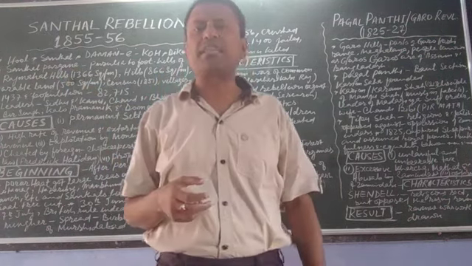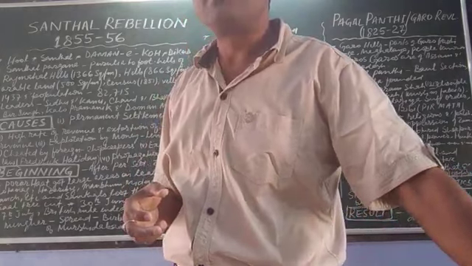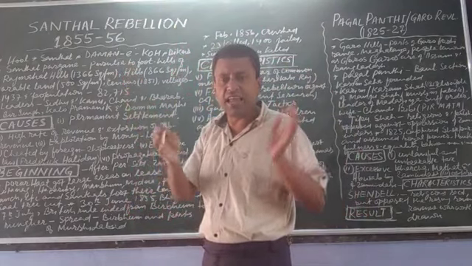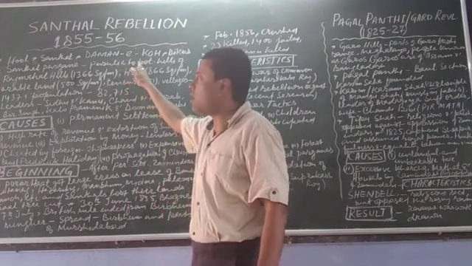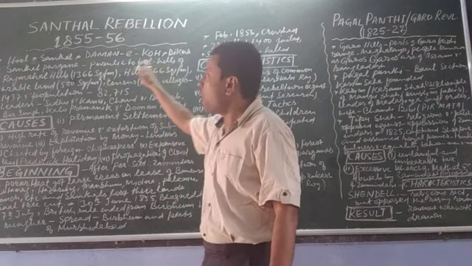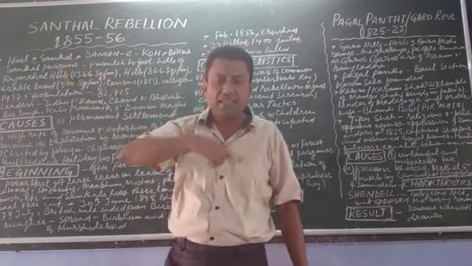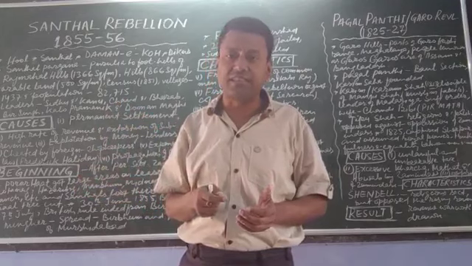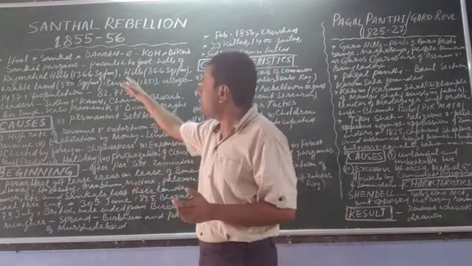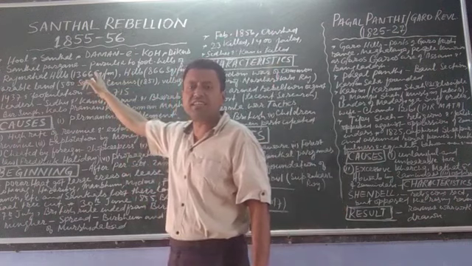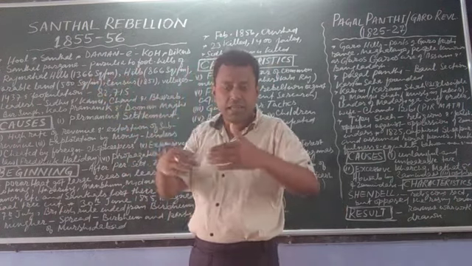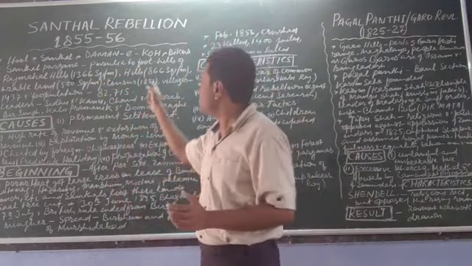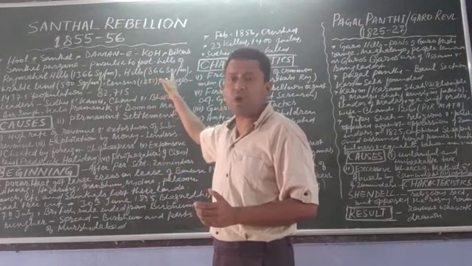After that, another term used here is Santhal Pargana. What do you mean by the term Santhal Pargana? The Santhal Pargana, the Santhal area, is spread from Purulia foothills to the Raj Mahal foothills. The total area of Santhal Pargana was 1366 square miles, and the area occupied by the hills measured 866 square miles.